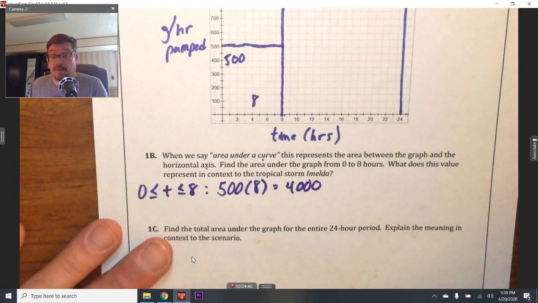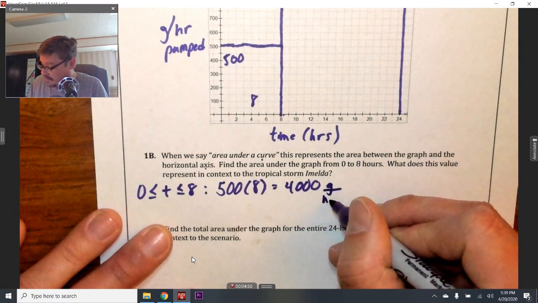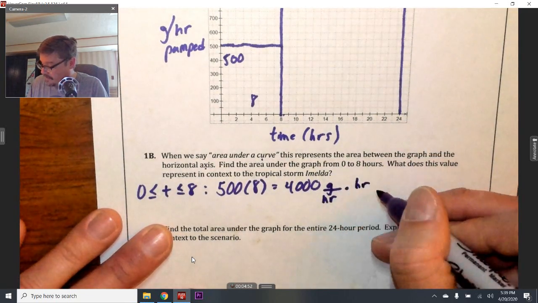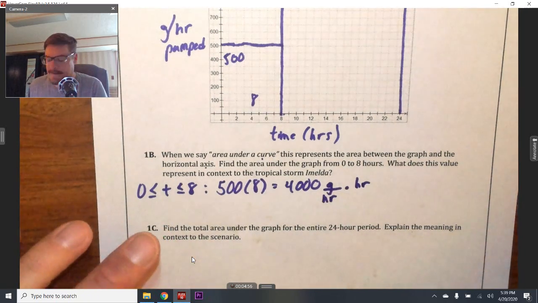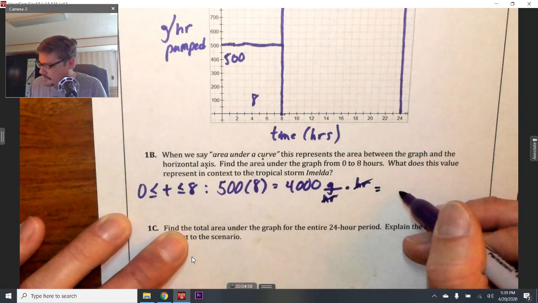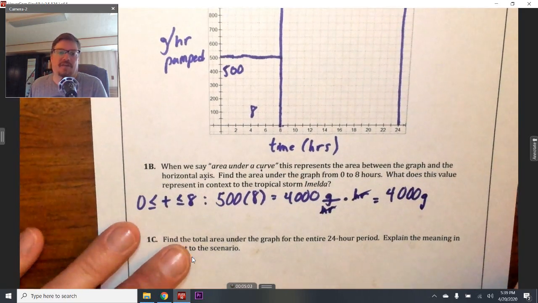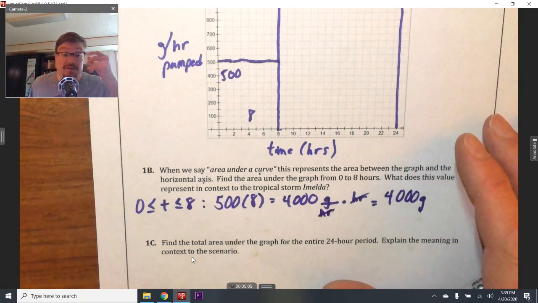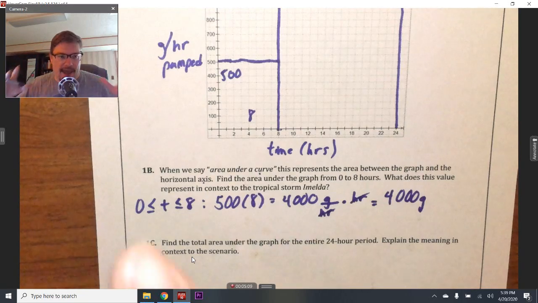Well, if we multiply gallons per hour times hours, you can see how the units cancel out. So what we have is gallons. This represents 4,000 gallons pumped out in those first 8 hours. It's very simple math, right?